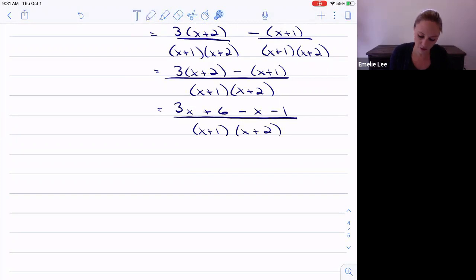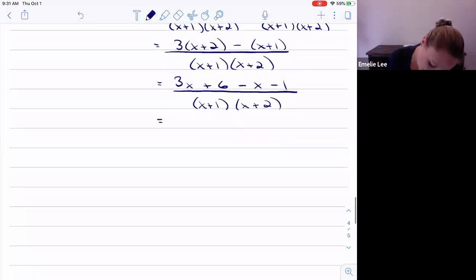I would hold off on expanding this, because sometimes we might be able to cancel one of these factors. If we've got something factored, I prefer to hang on to it for as long as possible, because for me, expanding is a lot easier, whereas factoring, if I have something factored, I'm not going to let that go too quickly. So I'm going to simplify this and see where it gets me.